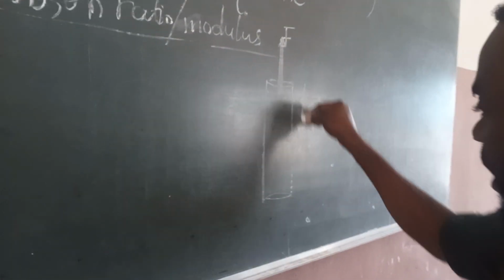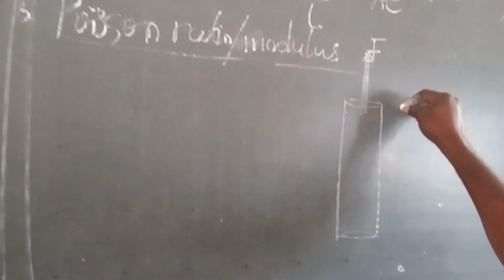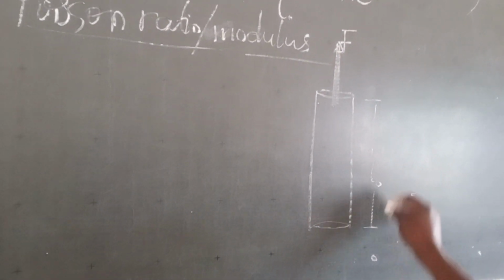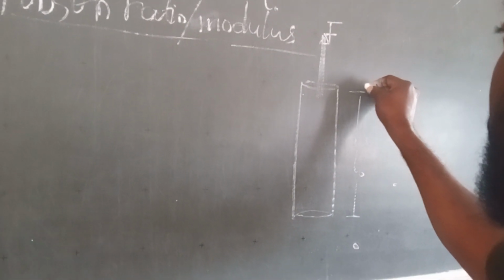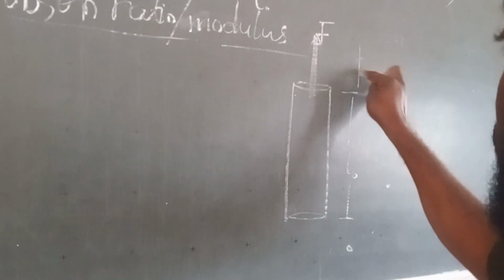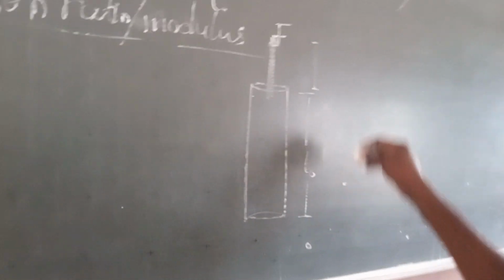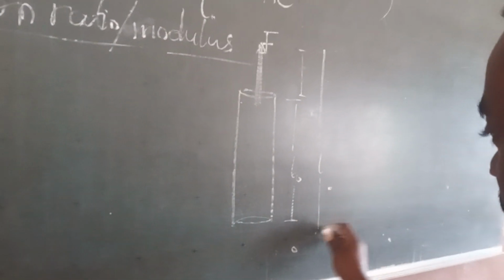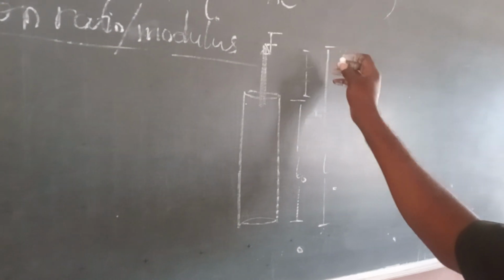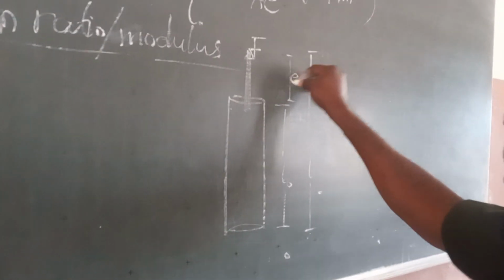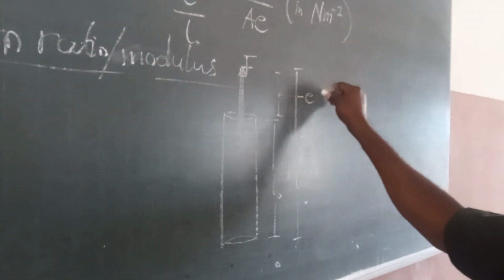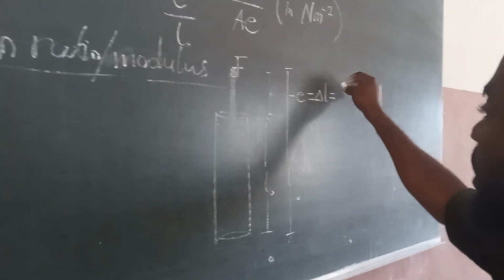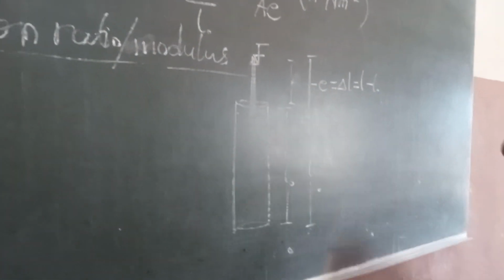Then the original length L0 will increase to a new length, which is L. And this increment is e, which is equal to the change in length, L minus L0.